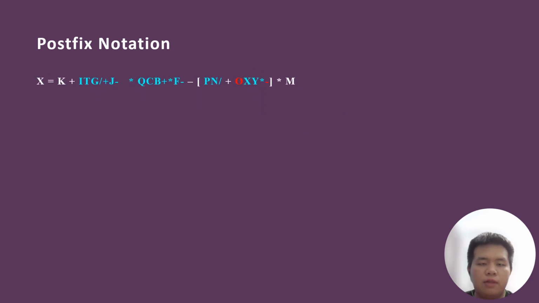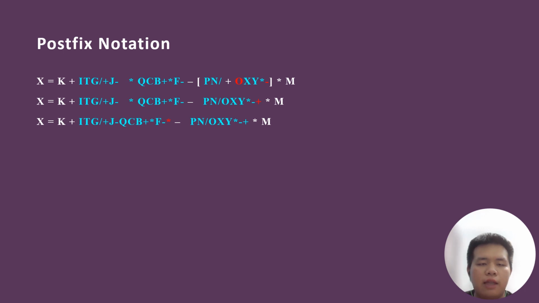Then move the subtract to the behind of multiply and it will become OXY multiply subtract. And then move the add to the behind of subtract and it will become PN divide OXY multiply subtract add.